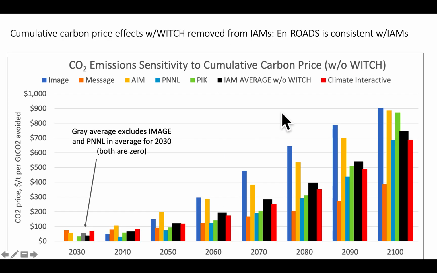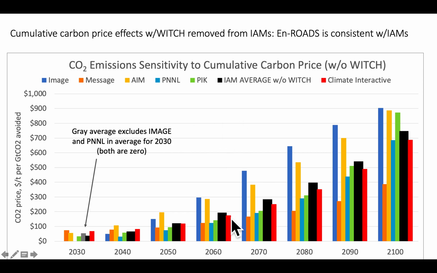In fact, we studied it a second way. Some of our colleagues came up with this idea of cumulative carbon price and the emission sensitivity to cumulative carbon price. That is CO2 price cumulatively up till, say, 2060, divided by how many gigatons of CO2 were avoided in 2060.